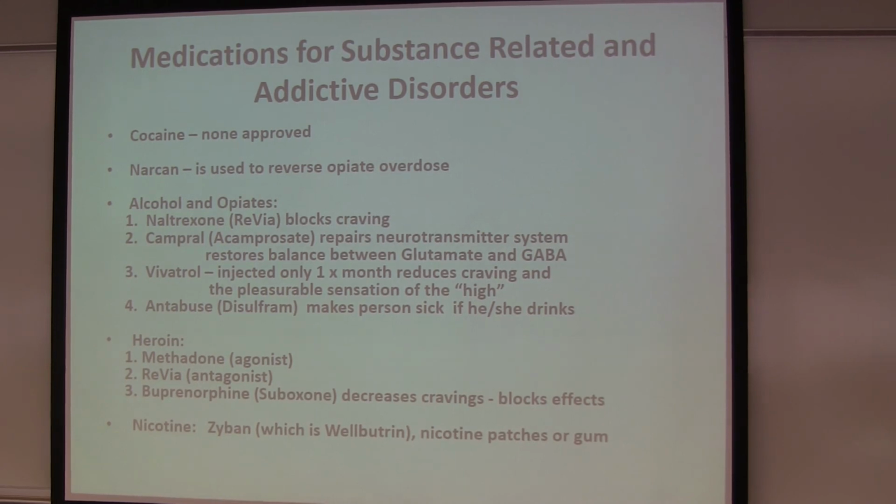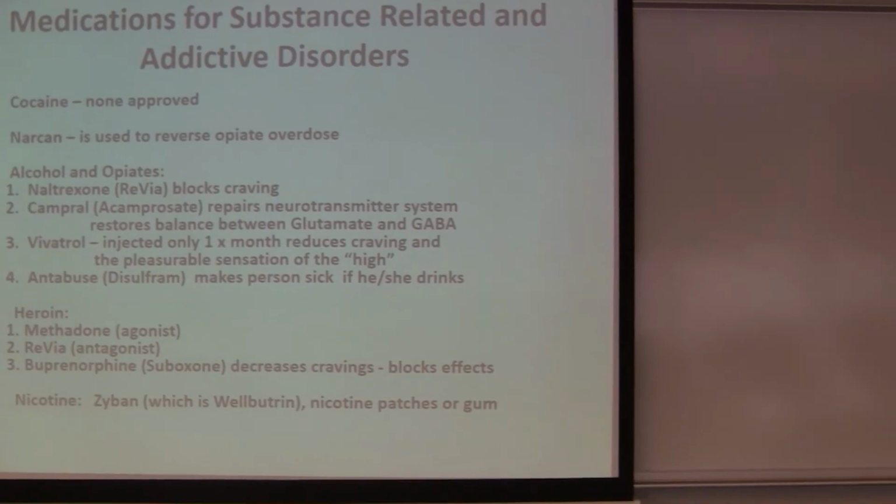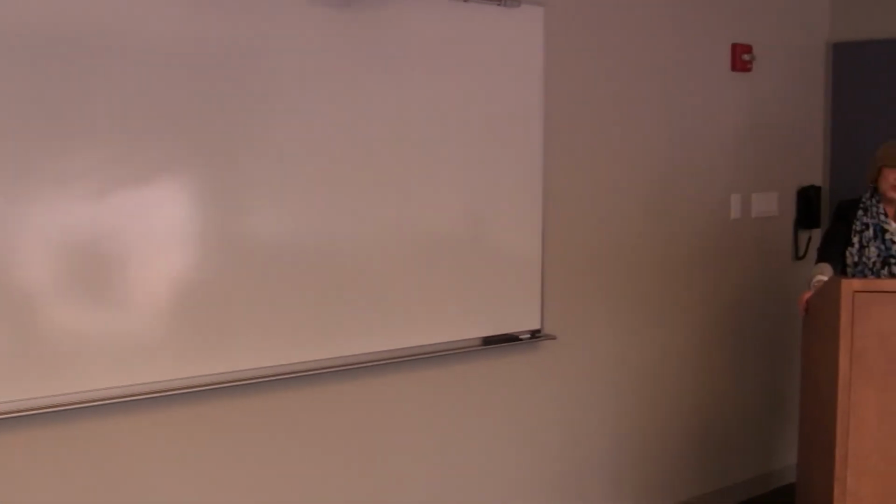Then we have an older drug, which is Antabuse, which makes the person feel extremely ill if they drink alcohol. So Antabuse is truly just for alcohol, and the person can end up in the emergency room with very high blood pressure and feeling extremely sick. Then for heroin, methadone maintenance, we all have heard of methadone maintenance, and it is considered an agonist medication.